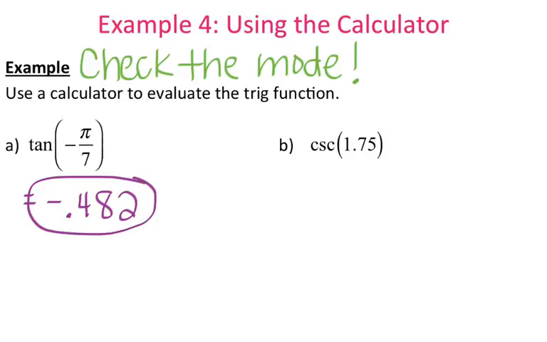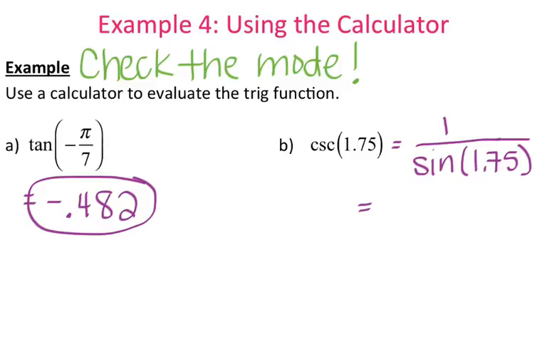And cosecant. Your calculator doesn't actually have a cosecant button, but it does have the reciprocal of cosecant, which is sine. So what I can do is find sine of 1.75, and cosecant is the reciprocal of that. So this is what I'm plugging into the calculator. It's 1 over sine of 1.75.